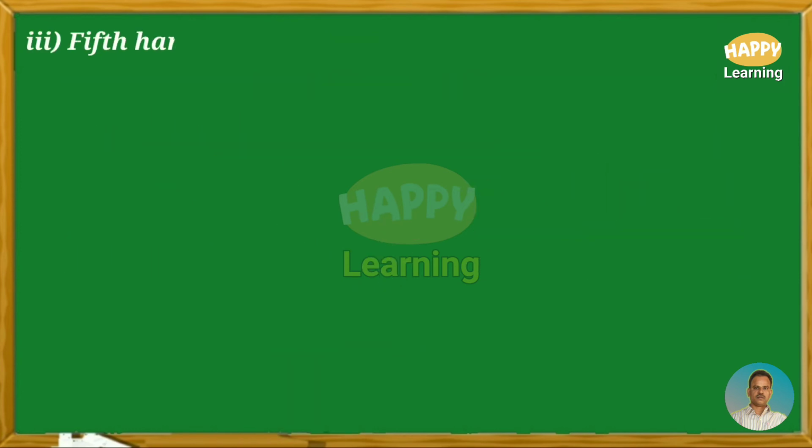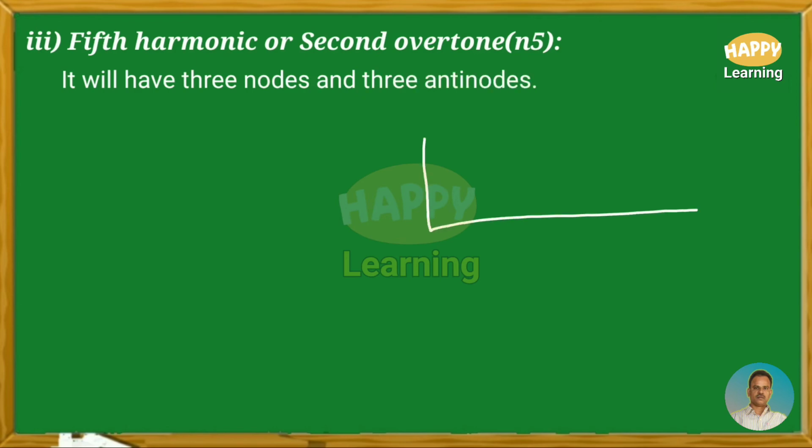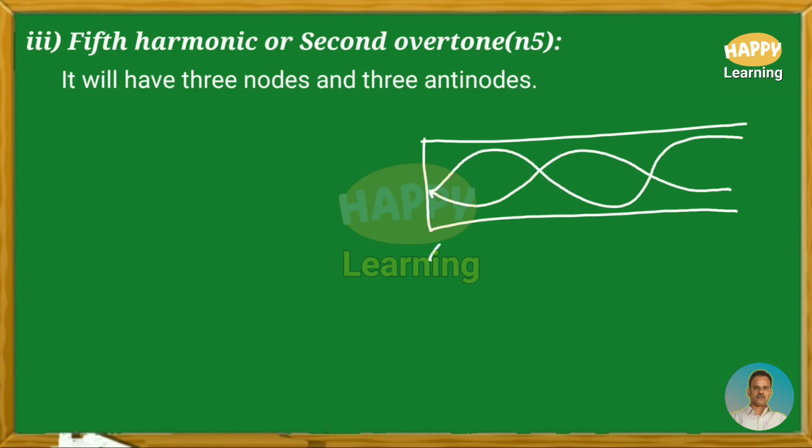Now, fifth harmonic or second overtone, symbol N5. It will have 3 nodes and 3 antinodes. So the length of the tube is L. Always a node at the closed end, an antinode at the open end.